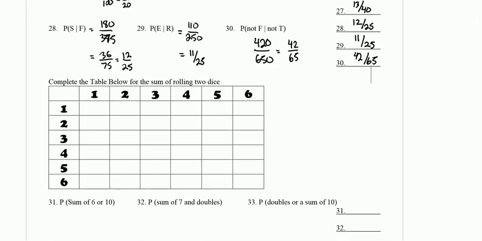Next, complete the table below for the sum of rolling 2 die. There's our dice.